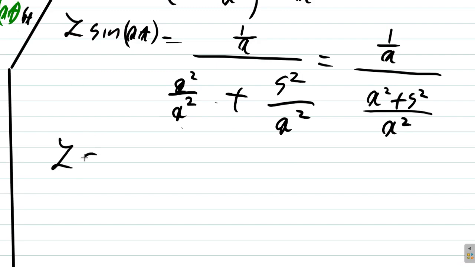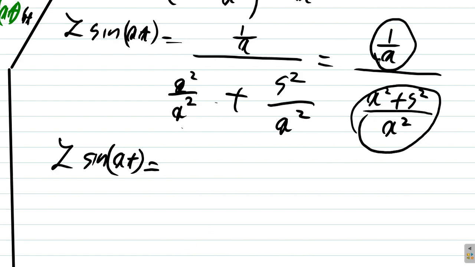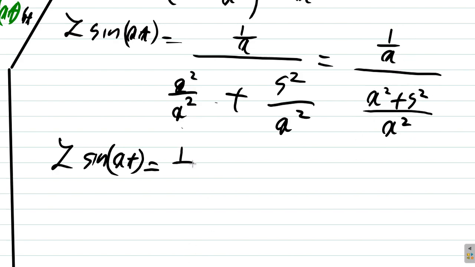So the Laplace transform of sine at equals, when you have this over a fraction, remember what to do: the numerator is multiplied by the reciprocal of the denominator fraction. So it's a squared over a squared plus s squared.